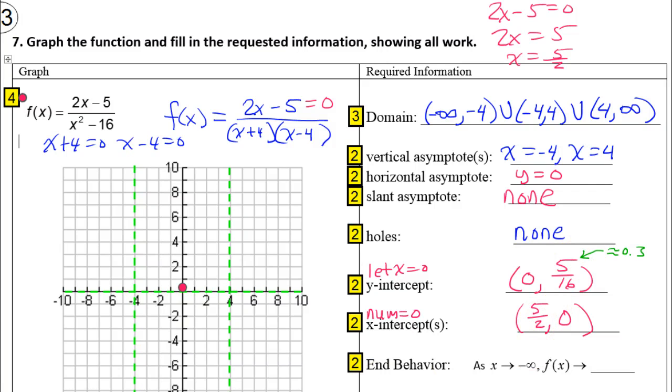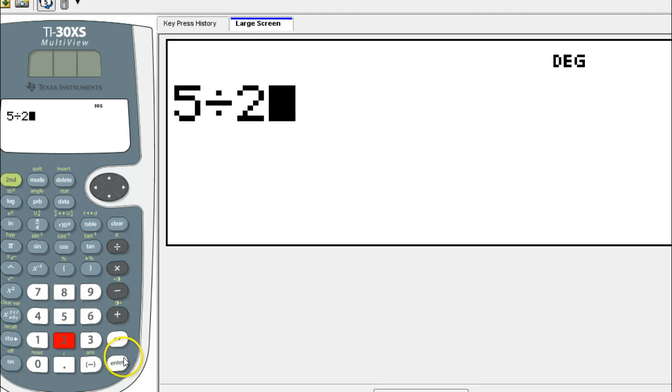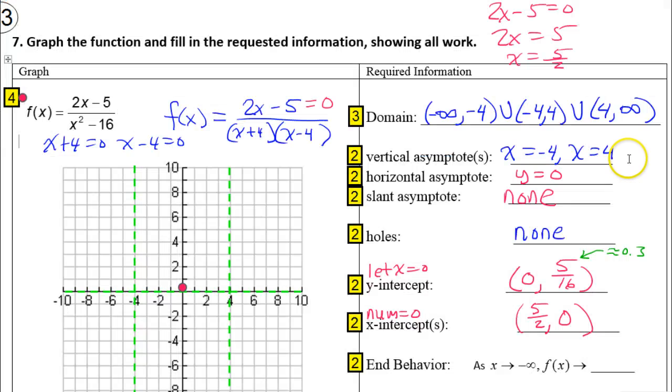Now 5 over 2 is, of course, 2.5. So this is like having (2.5, 0). Okay, so I'm going to go over 2.5 on the x-axis. So 2.5 is going to be right about there.